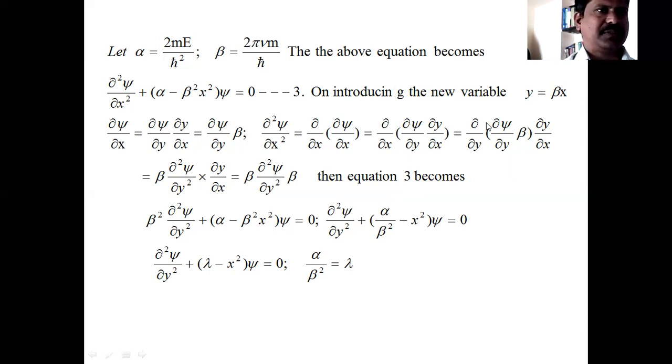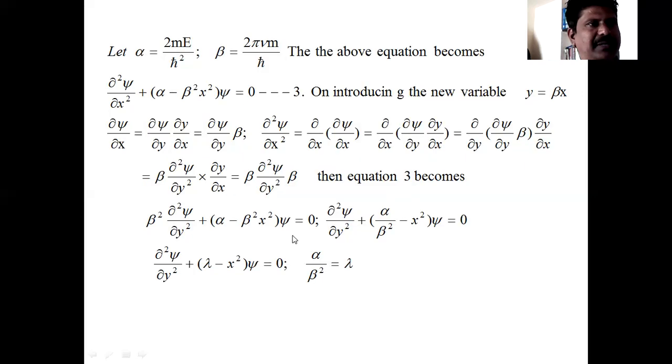After inserting this one, our equation becomes beta into ∂²ψ/∂y² into ∂y/∂x, that is equal to beta into ∂²ψ/∂y² into beta. Then this value you have to insert in our equation.